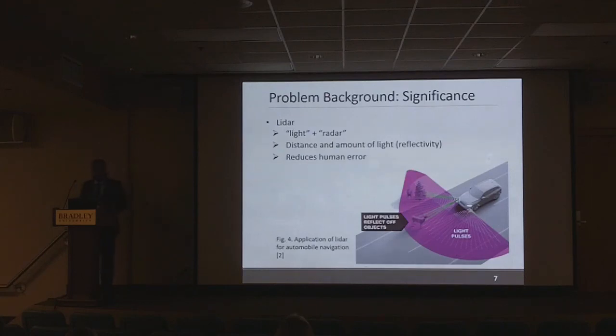By doing so, we're able to find out the overall distance of those objects. This technique is growing in popularity in the autonomous vehicle industry, specifically for its ability to reduce the amount of human error that's involved with driving, and therefore reducing the total amount of accidents that are also involved.